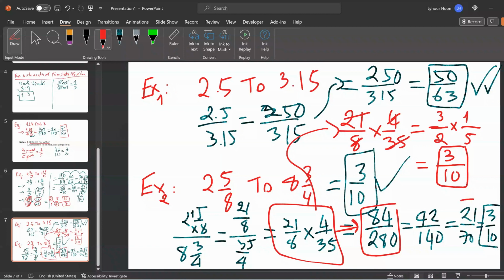If you come only this far, you get maybe 9 out of 10. So you need to simplify until the end, so we get 3 over 10. So this is the answer. Or on the other hand, we start simplifying, make the numbers small, and that is the answer too, and a little bit easier.